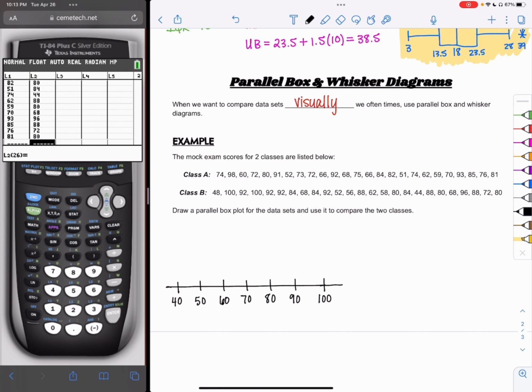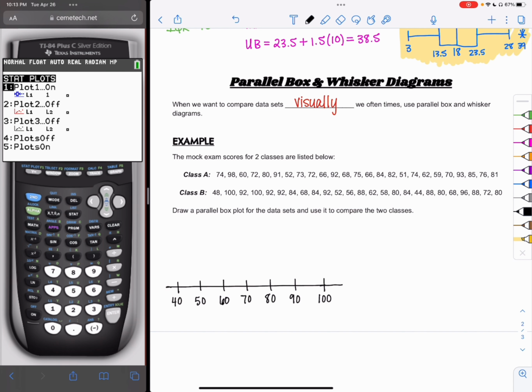If we do that, we can go to second y equals, and we're going to turn both of our plots on. We turn plot 1 on here, and then select the box and whisker plot, the one that includes outliers so that I can see if there are any outliers. If there is no outlier, it's going to look like a regular box and whisker plot.